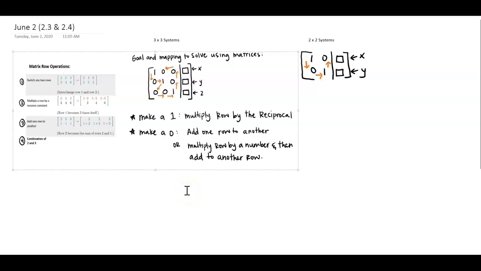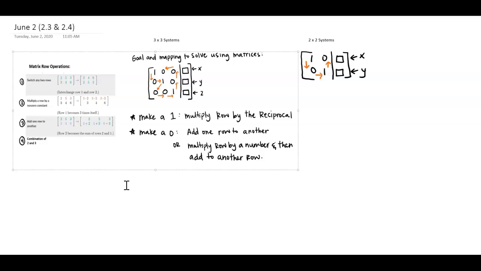Okay, trying to decide, do you want me to work through a 3x3 matrix right now, so you can see how that works? Or would you rather go back and talk about solving the 3x3s with the equations without the matrices?